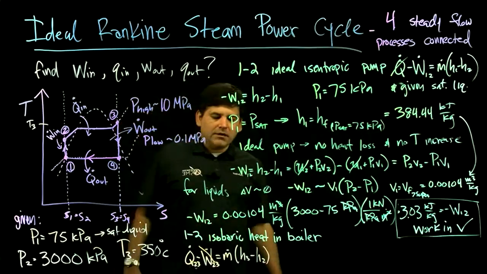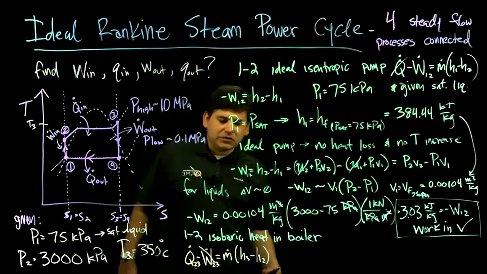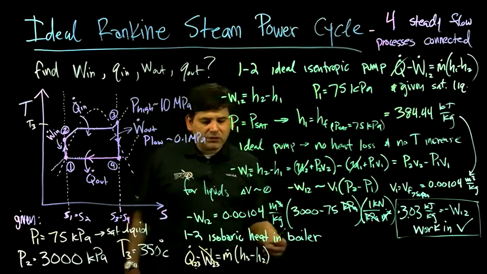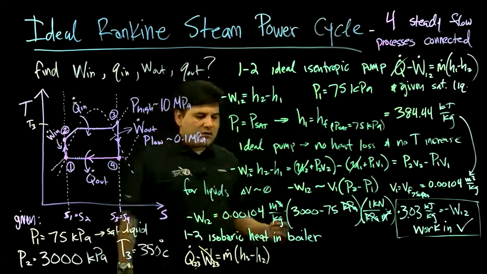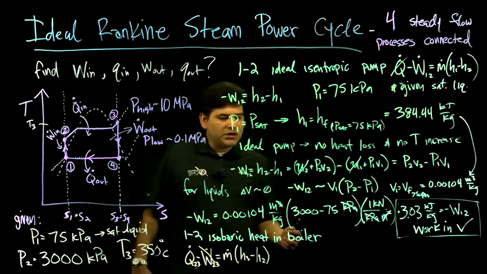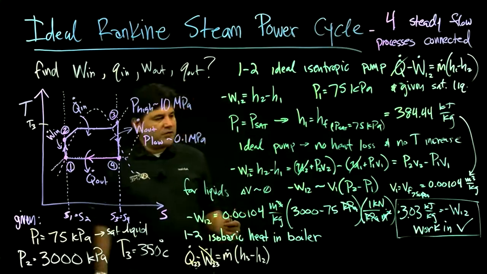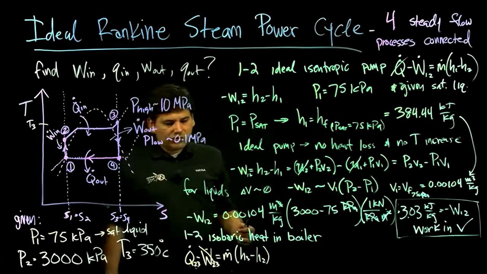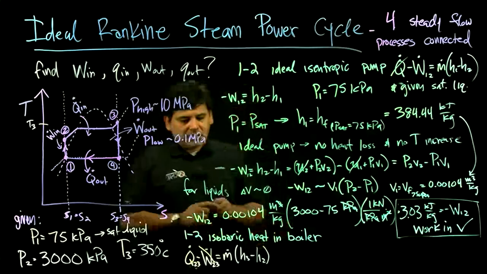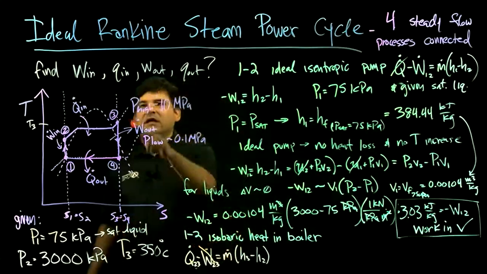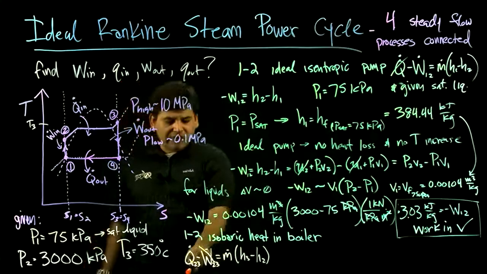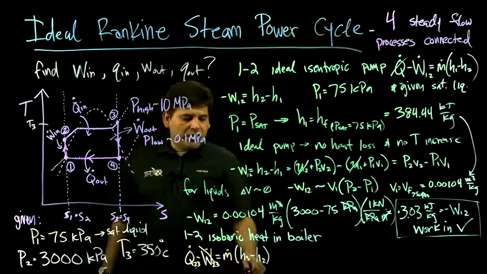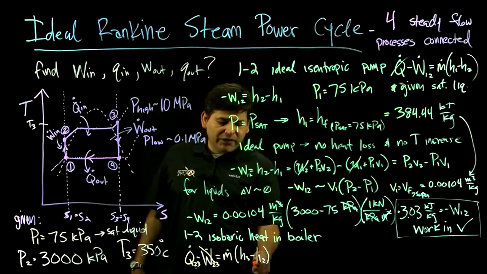And the pressure stays the same, so P2 equals P3, that's what we know. And so what we need is the mass flow rate. We're going to instead go per mass, so we're going to cancel the mass flow rate. We do not know H3 and H2 yet.